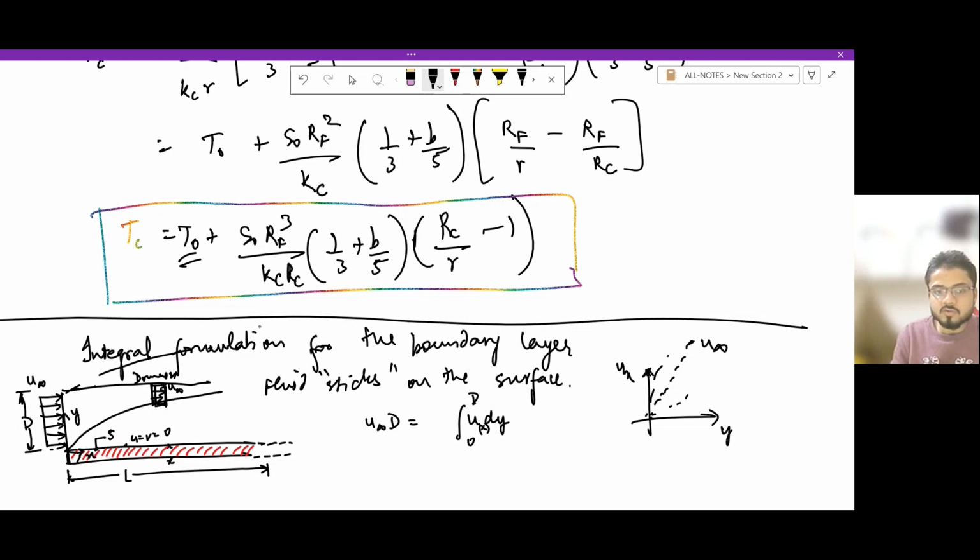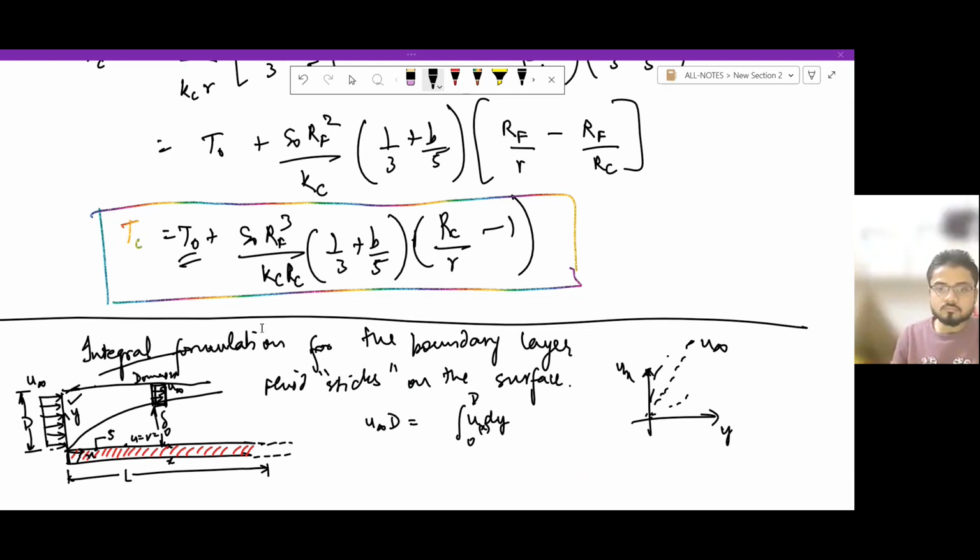So the integral would be u infinity, and assuming that this is delta, the thickness of the boundary layer, the integral would be u infinity times d minus delta. And here you'd have some variation in u as a function of y, and you'd be integrating u(y) dy from 0 to delta. Both of these combined would obviously not be equal to the mass flow rate. So there is a certain deficit in the mass that is entering.